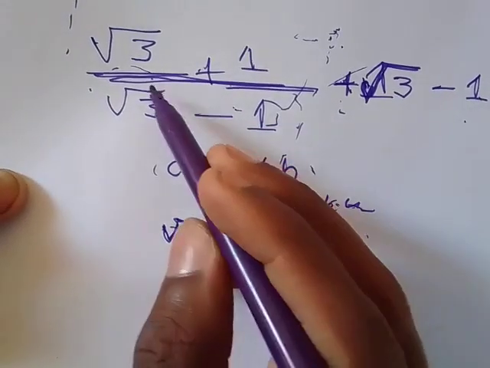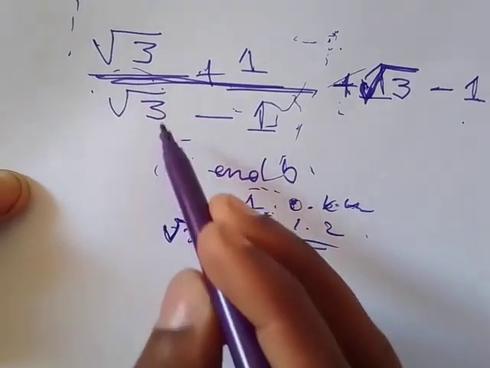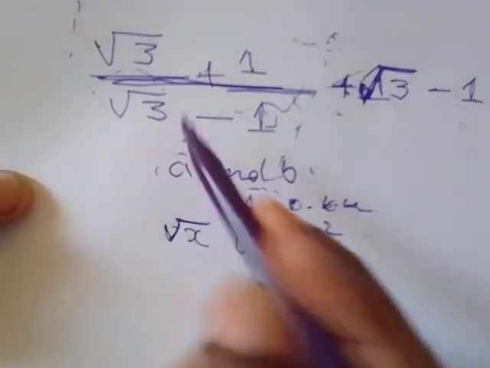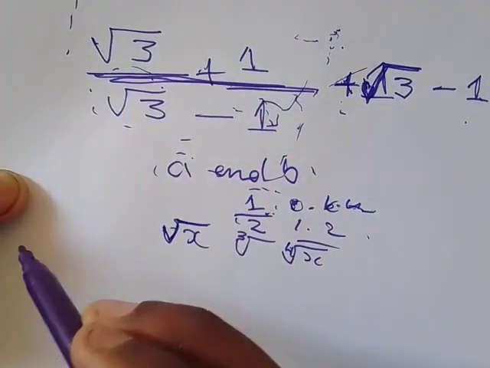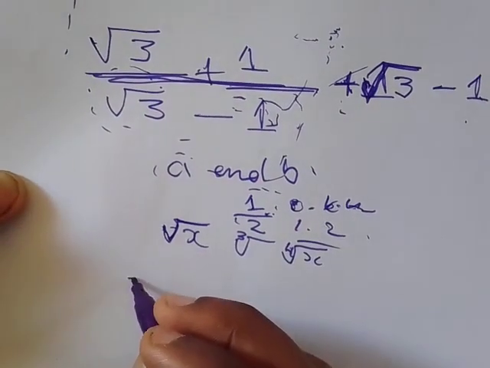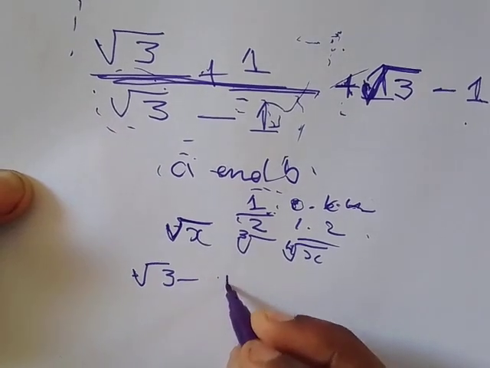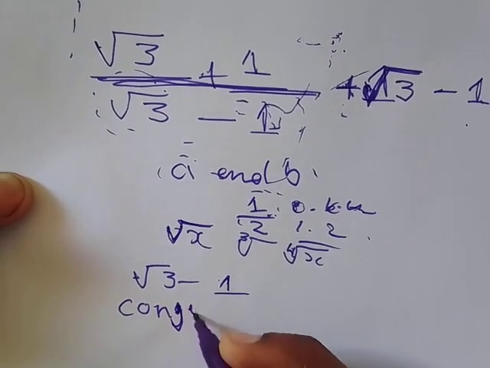A conjugate is a number that you obtain after you make some changes to the numbers that we're dealing with. For instance, in our case, let's say we want to find the conjugate of the denominator. So you take what you have on the denominator. In our case, we have square root of 3 minus 1 here.